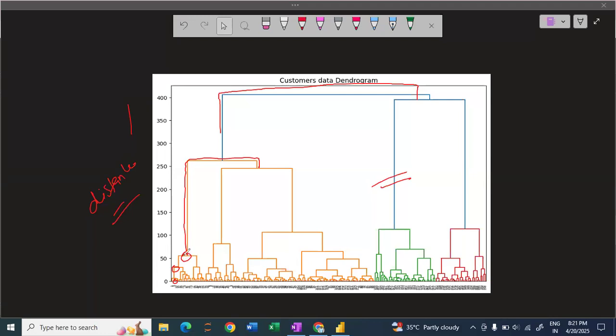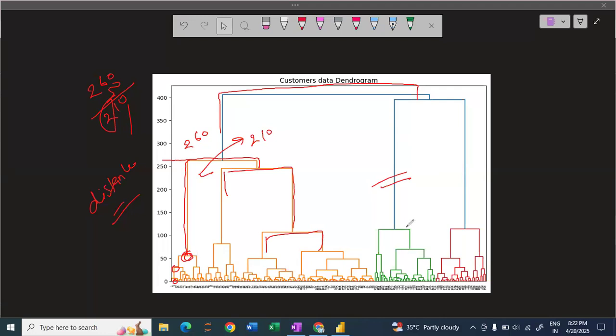So I can say the distance of this vertical line, the orange one, starting from 50 and ending at 260, I think. So 260 minus 50, that is 210. So the total distance between this cluster and this cluster, which is connected with the rest of the clusters, is 210.